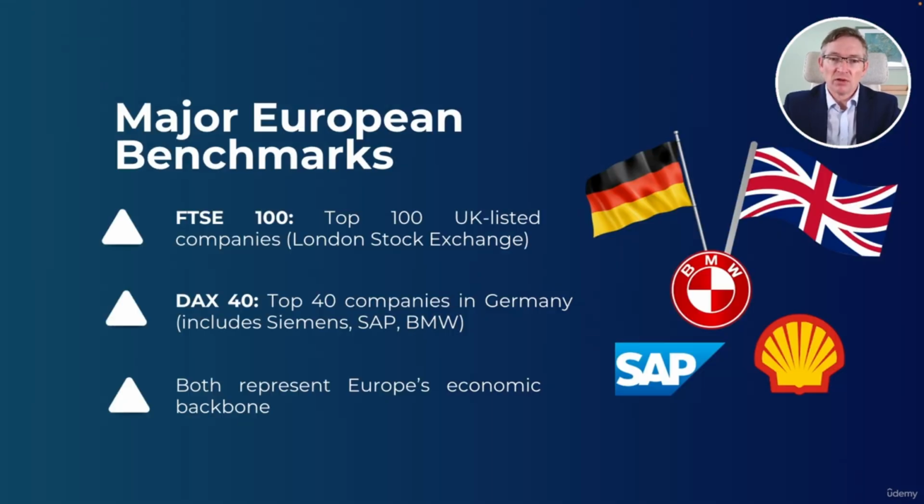Next, let's move on to Europe. Now, in Europe, the most impactful country is Germany. Germany is known as the powerhouse, the engine of European growth. It's the manufacturer of Europe. And as Germany goes, so the rest of Europe goes.